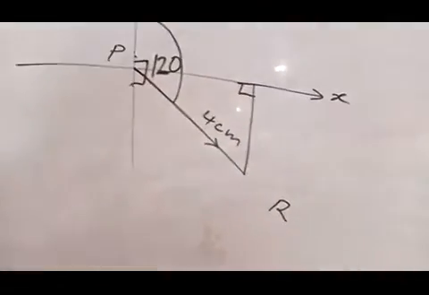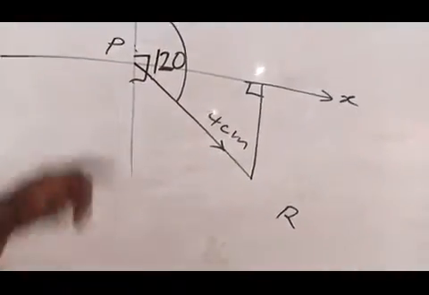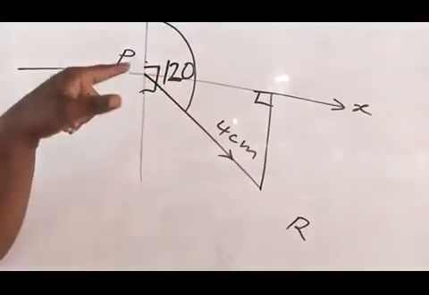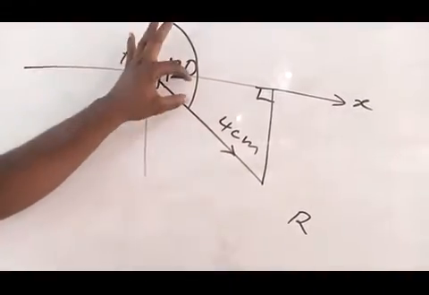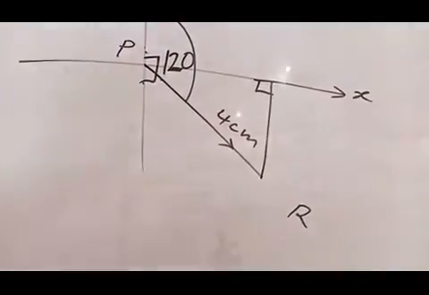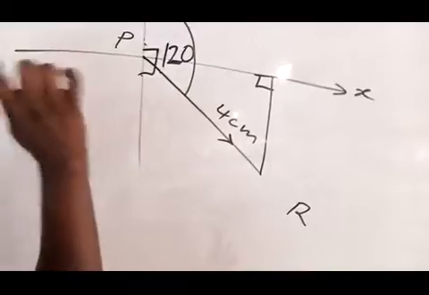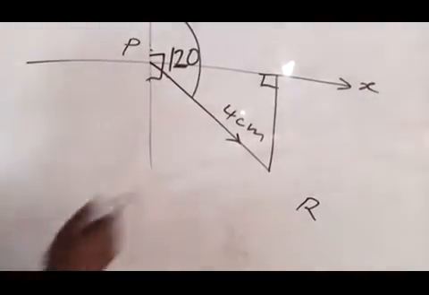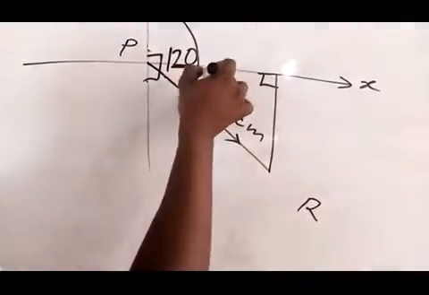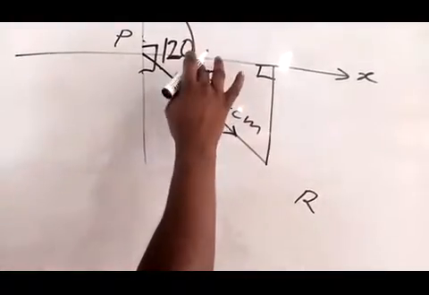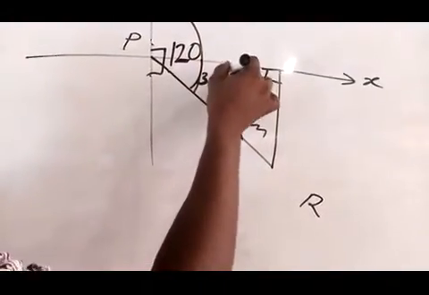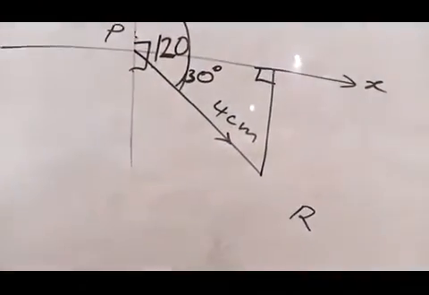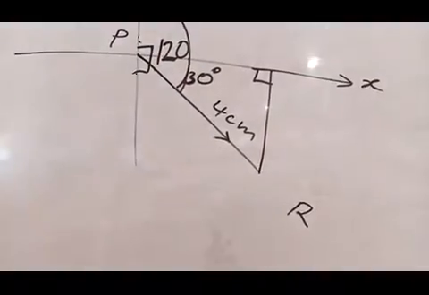Now, let's look at this. We realize that from here to here is 90 degrees. So to get this small part, it is going to be 120 minus 90, so this small part here is going to be 30 degrees.